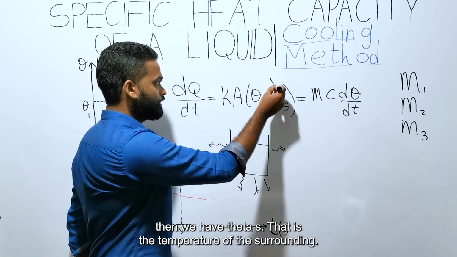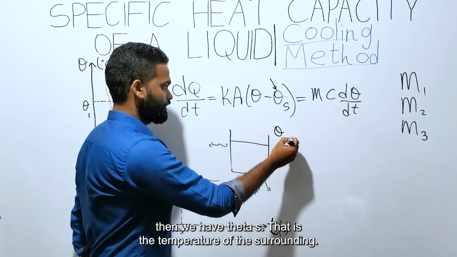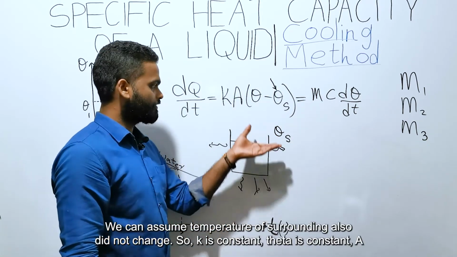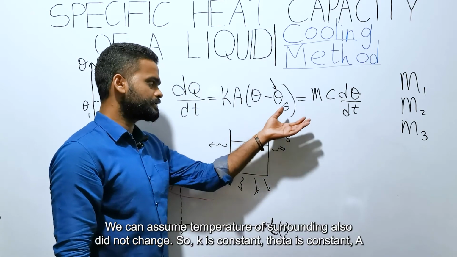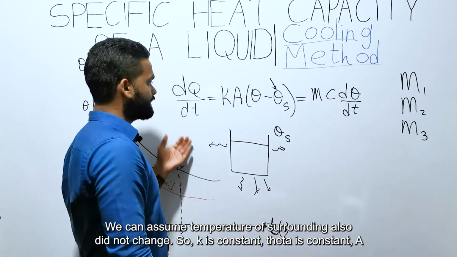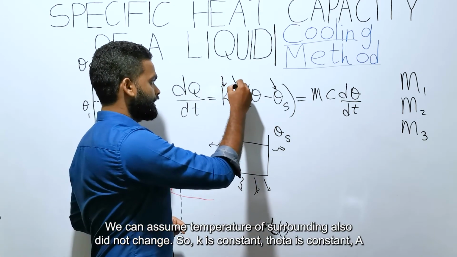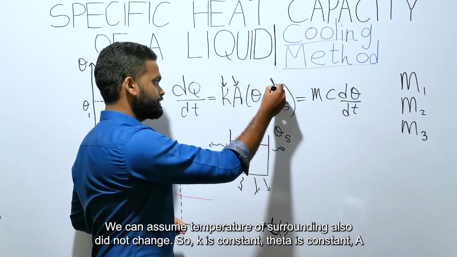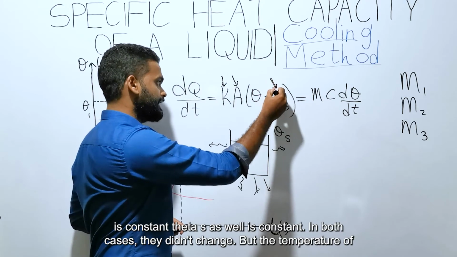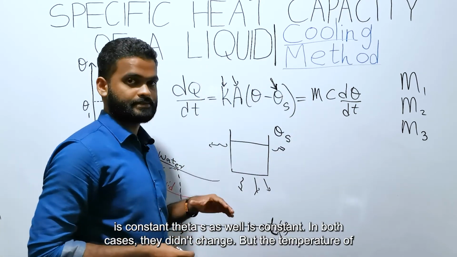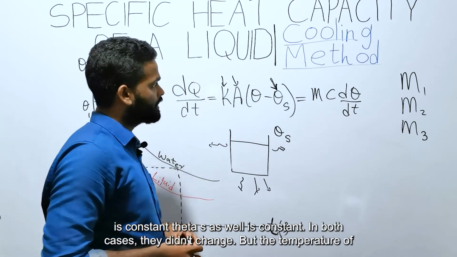Then we have theta s, that is the temperature of the surrounding. We can assume the temperature of surrounding also did not change. So K constant, A constant, then theta s as well is constant. In both cases, they didn't change.